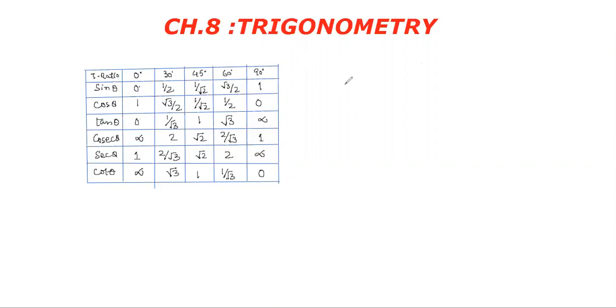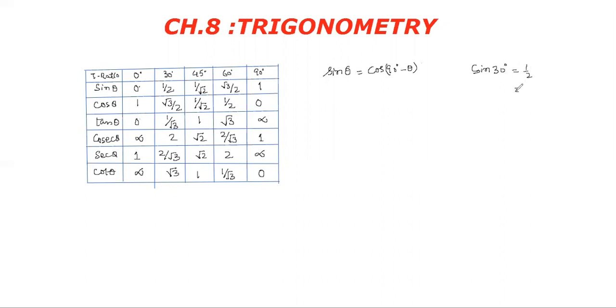So children, with this observation, we are able to conclude that whatever is the value of sine theta is equal to cos 90 minus theta. Let's observe it with this example. Suppose I say that sine 30 degree is equal to 1 by 2.